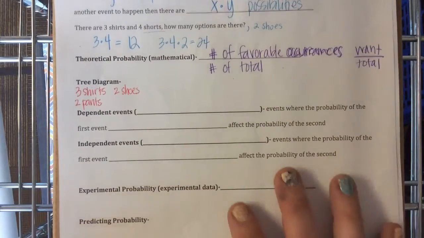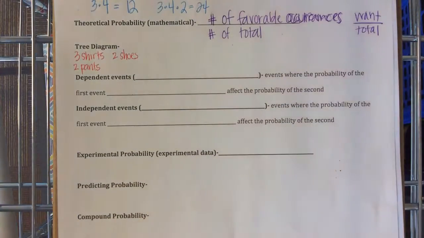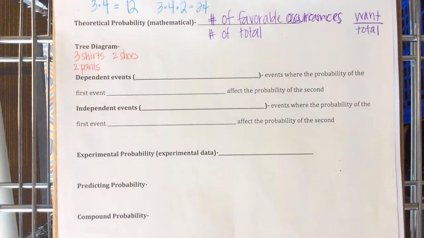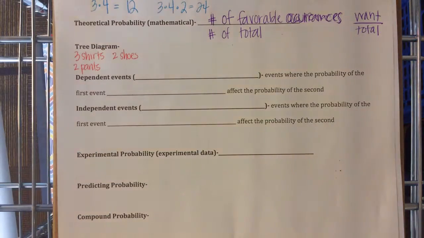Dependent events. Raise your hand. Who can tell me something about dependent events? Dependent events: events where the probability of the first event affects the probability of the second event. Tell me about it, Luis.